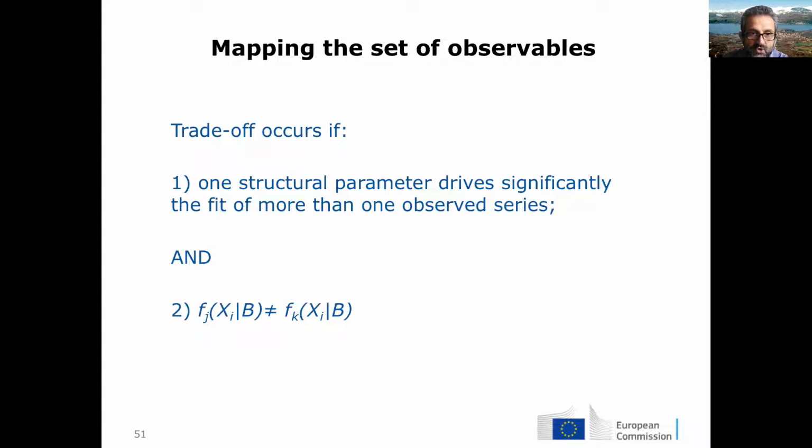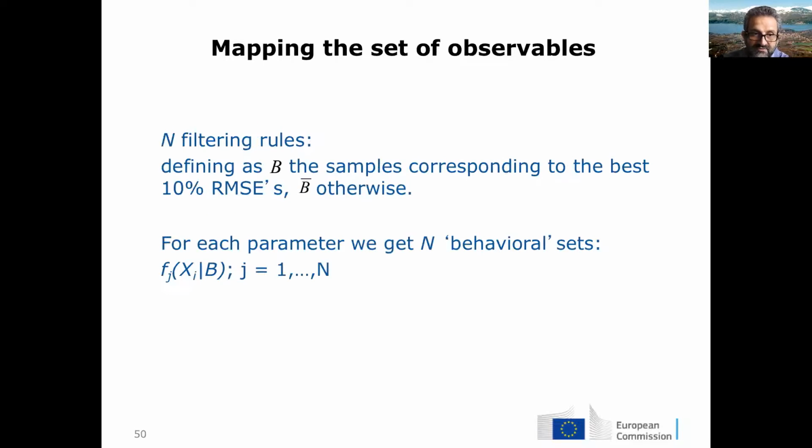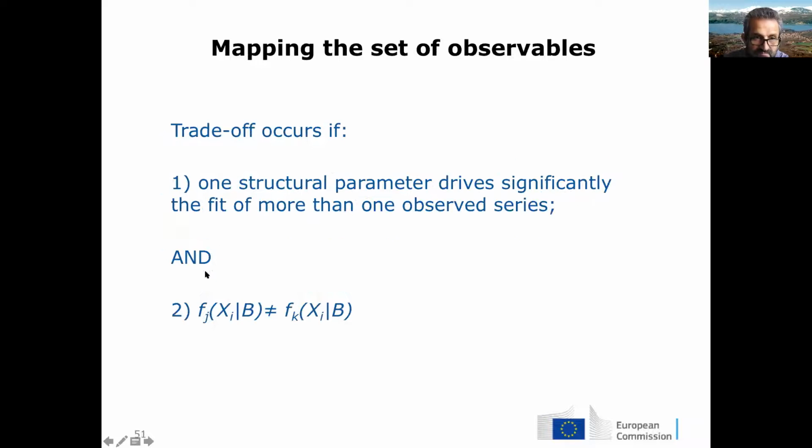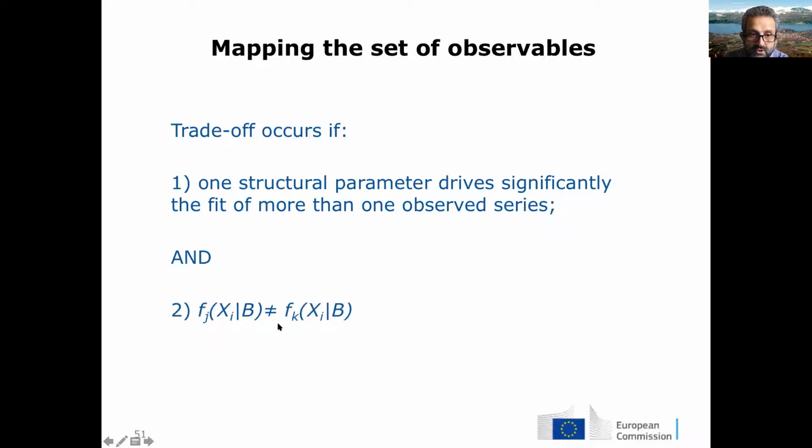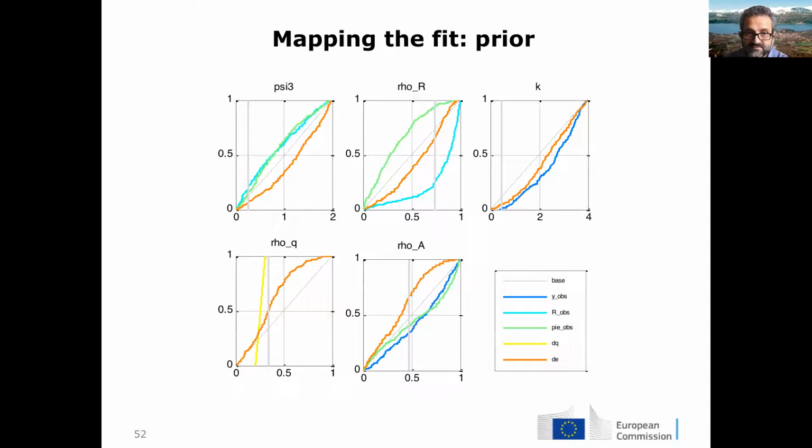So in this way you can find trade-offs, because if for two different observables, the Monte Carlo filtering identifies parameter i to be relevant, and the cumulative distribution that fits best observable j is different from the cumulative distribution for which observable k is fitted best, this means that there is a trade-off.